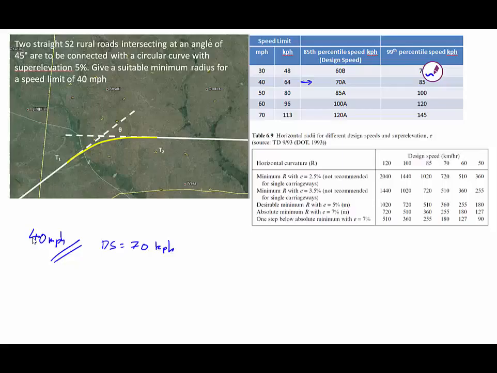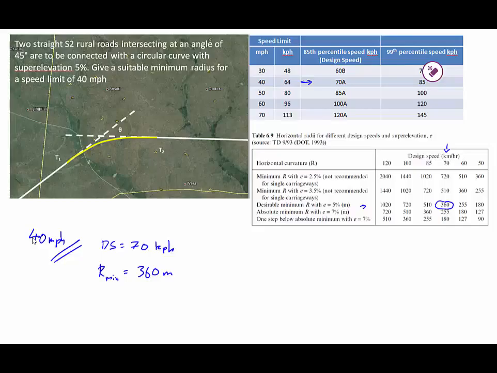If we've got 70 kph and we've got 5% elevation, minimum radius is 360 metres. And that's a minimum radius.